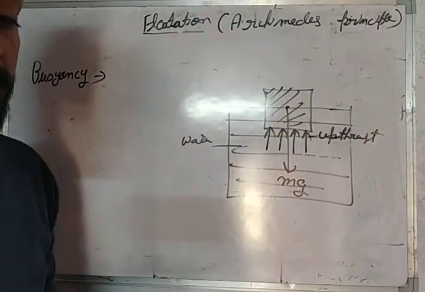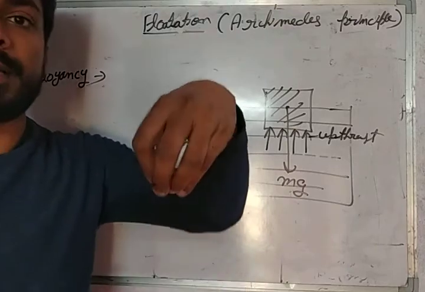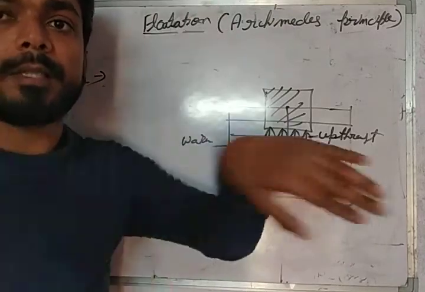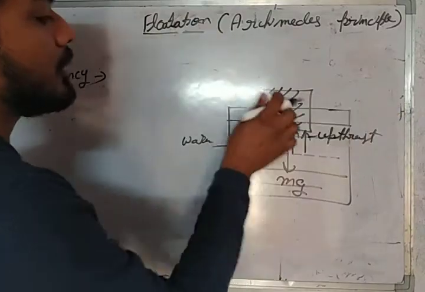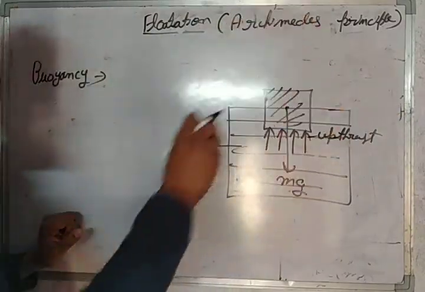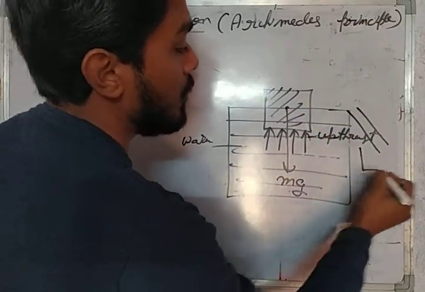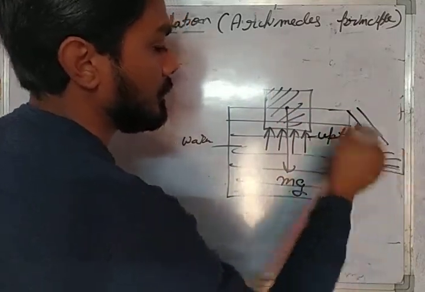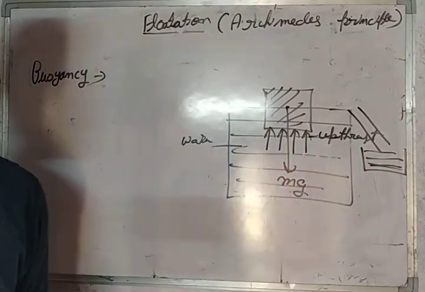And we all know very well, if we dip a stone in water, the stone replaces the water. Similarly, if you place a body on the surface of water or inside the water, this body will replace some amount of water, and we can collect it in a container.